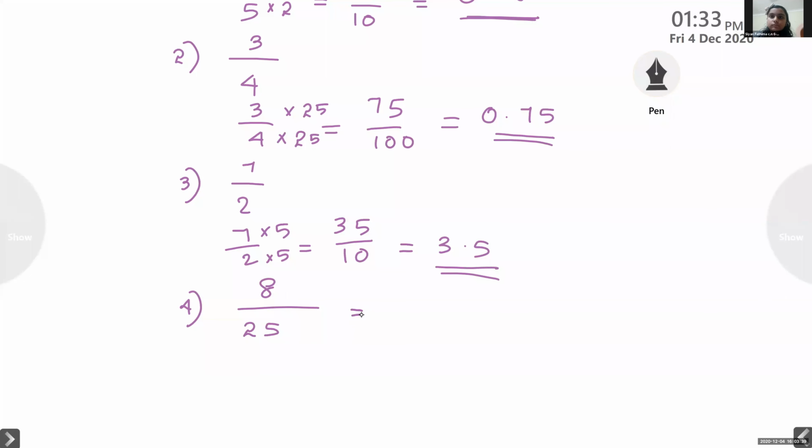Make it as 100. So into 4. So 32 by 100. That is 0.32.